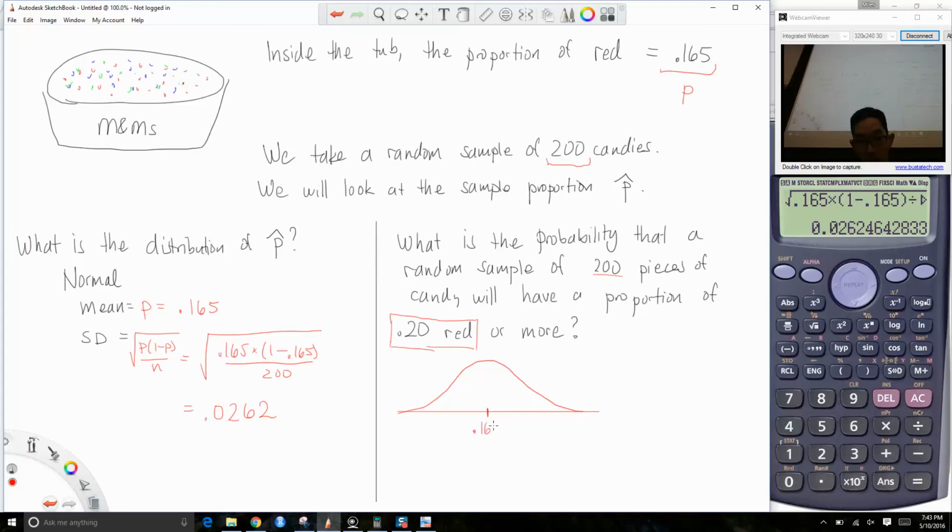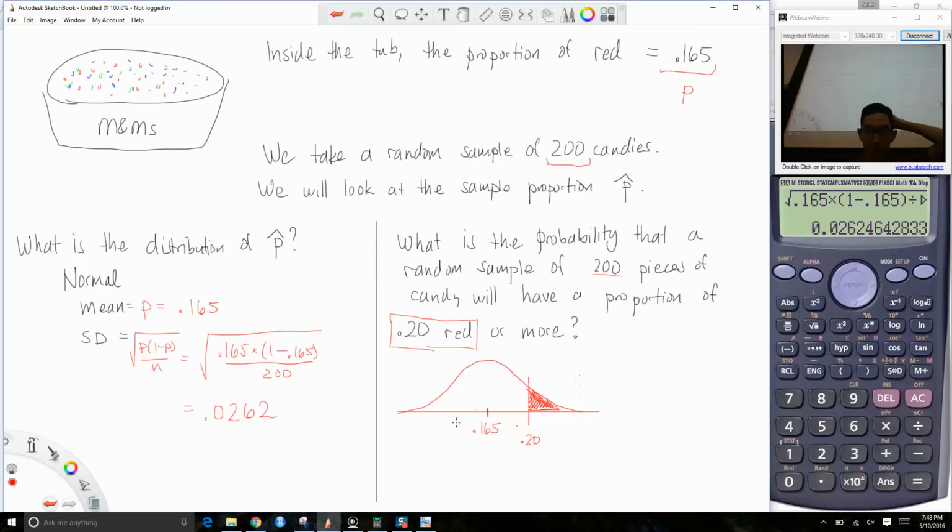This goes right here in the middle. And the question is asking 0.2 or more, so I'm going to draw a line at 0.2 and shade to the right. I will pause right here again, and you guys can figure out the answer to this part of the problem.